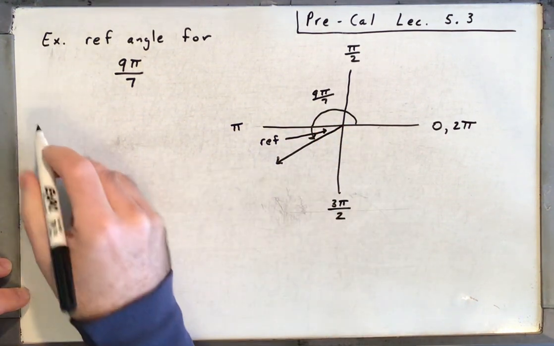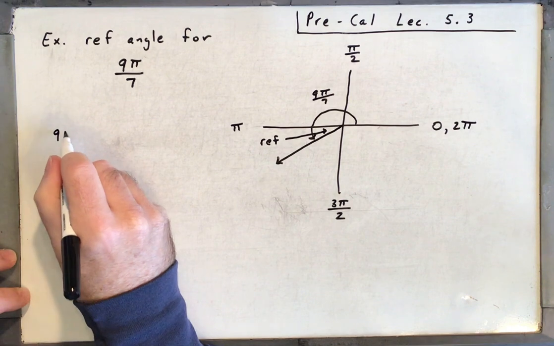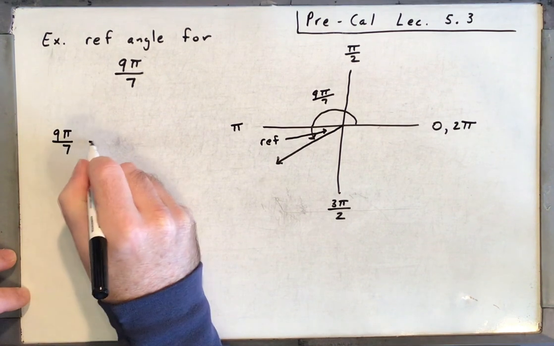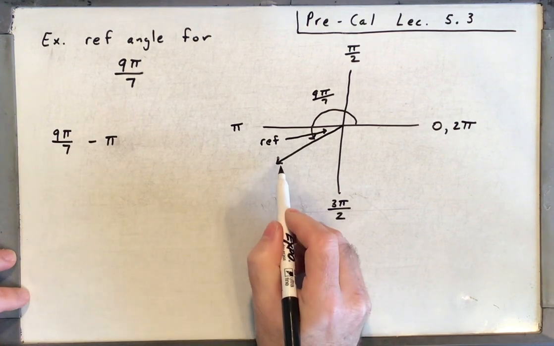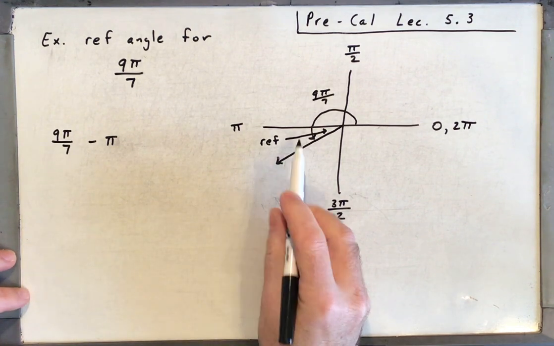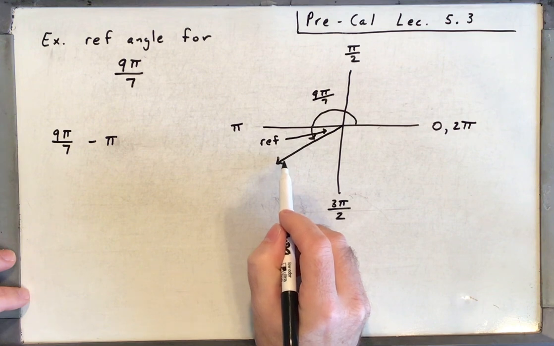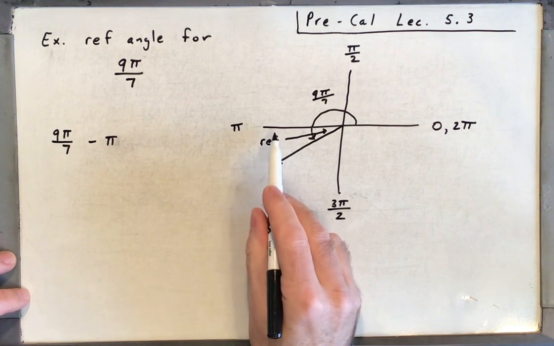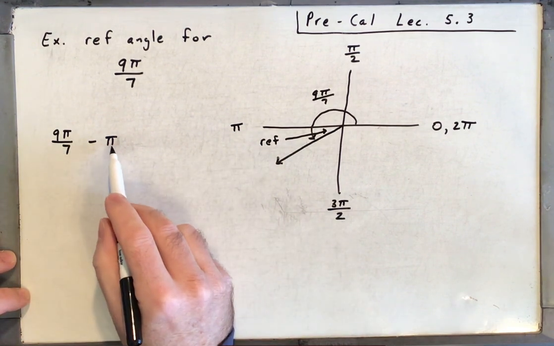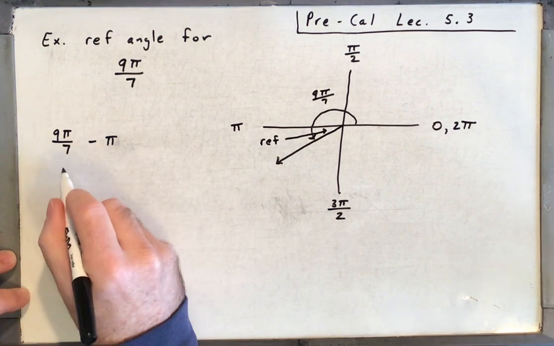So what you would do is take 9 pi over 7 minus pi. Okay, so it would be like if we were in degrees, 9 pi over 7 is probably roughly 210 degrees, something like that. So you do 210 minus 180. Well, this time it's 9 pi over 7 minus pi. Well, that's not very easy to do.